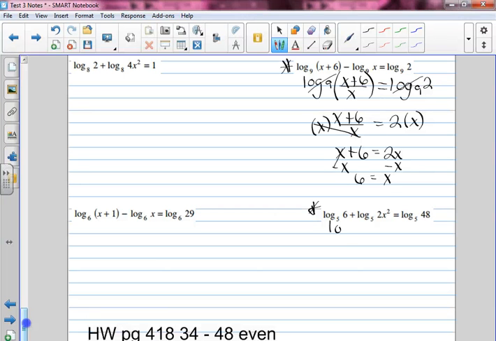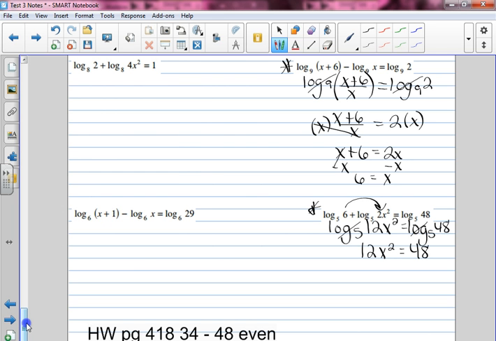So I get log base 5 of 6 times 2, which is 12, of 12x squared equals log base 5 of 48. My second step says, are there logarithms on both sides? Yes, there are. Because there are, I cancel them out, and I get 12x squared equals 48.